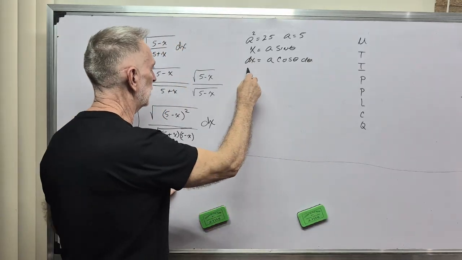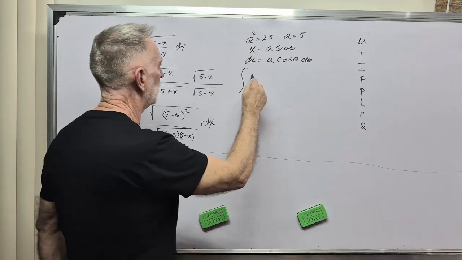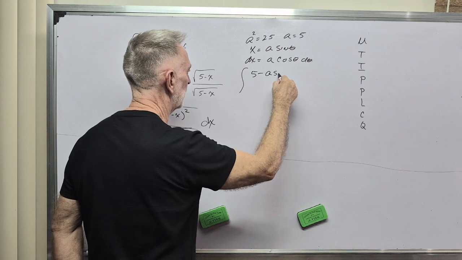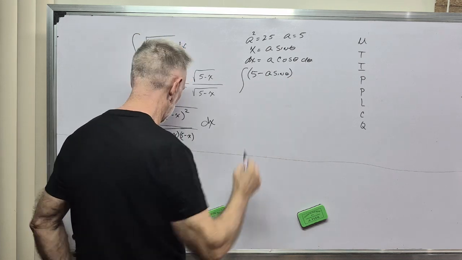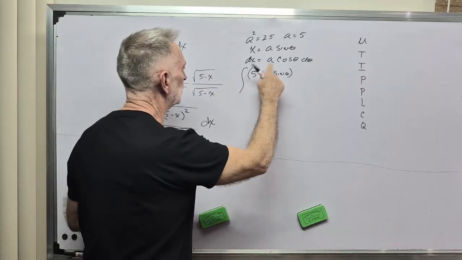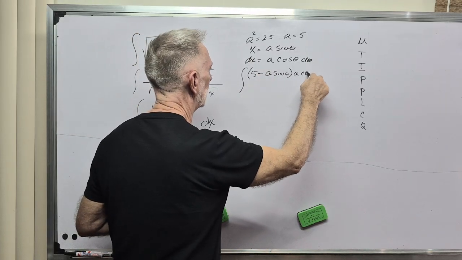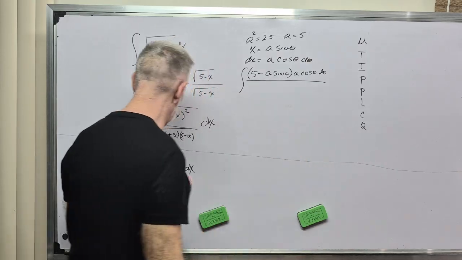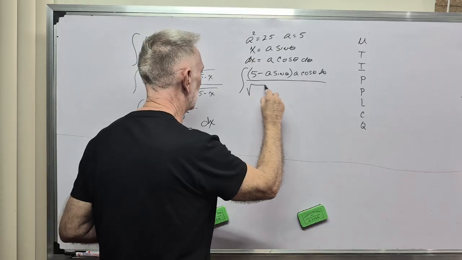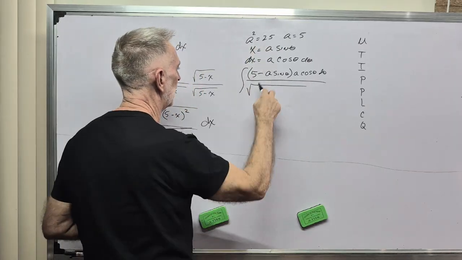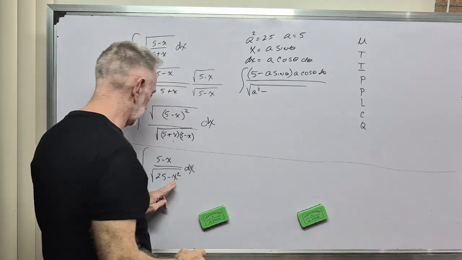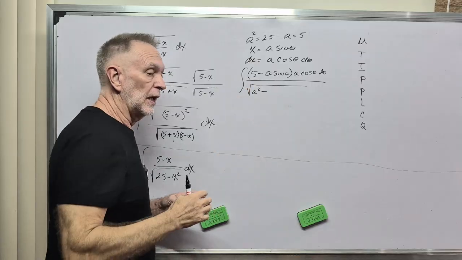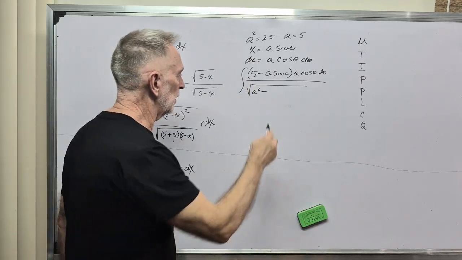Now I can fill in the blanks. The integral of 5 minus x, and x is a sine theta, times dx, which is a cosine theta d theta, divided by the square root of 25, which was a squared, minus x squared. If x is a sine theta, x squared is a squared sine squared.